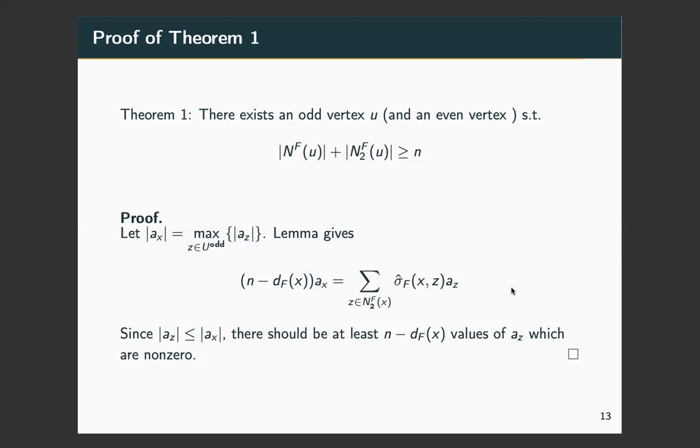Then by ignoring the signs and by replacing other coefficients by the maximum coefficient, there should be at least n minus the degree of x non-zero contributions from the right-hand side. And thus there are at least n minus the degree of x many distance-2 neighbors with a unique path to x. An analogous argument follows for the even vertices. This completes the proof of our theorem.